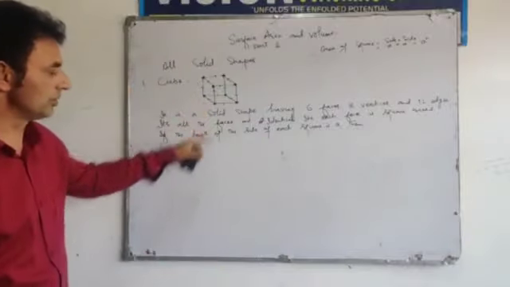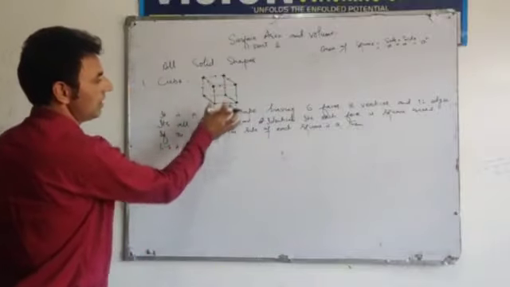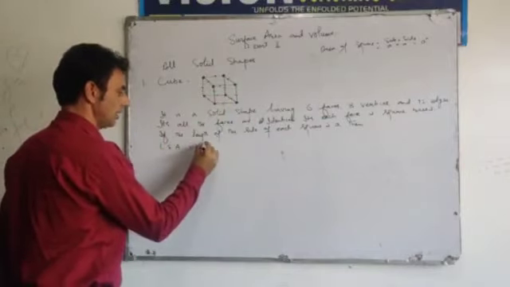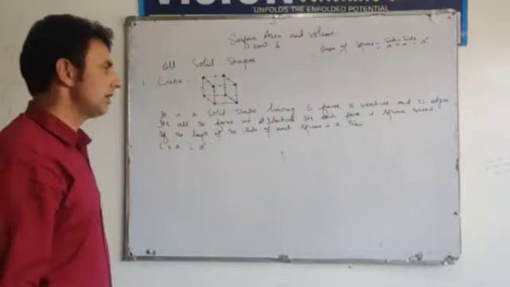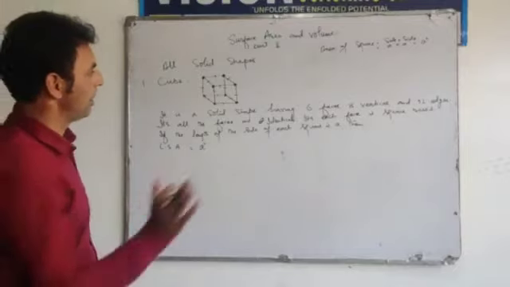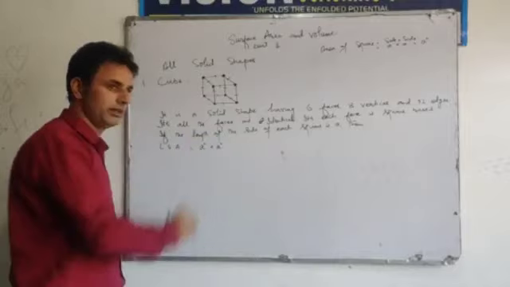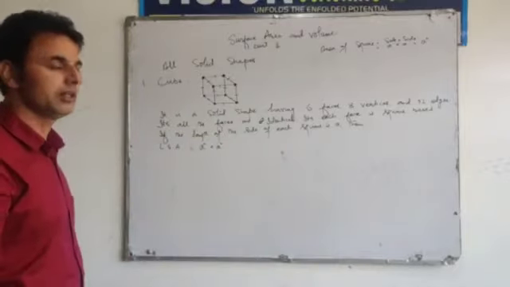So my dear students, what is the area of its front face? It is a square. What is the area of its back face? That will also be a square, because all faces are identical.